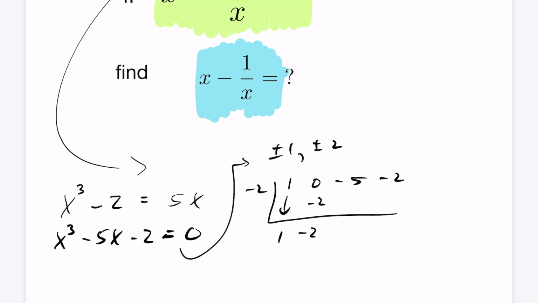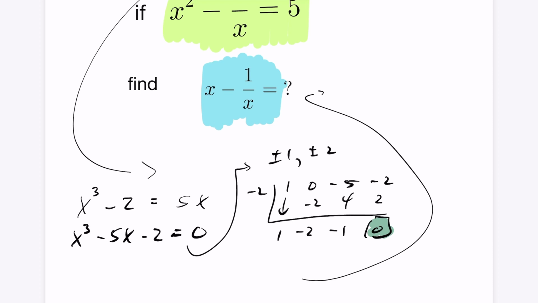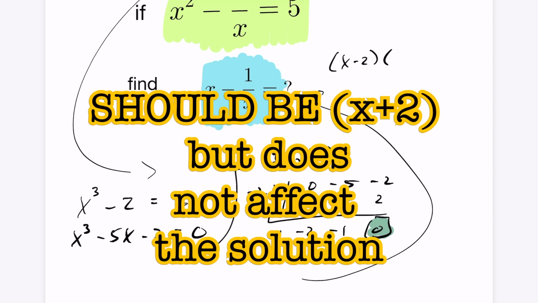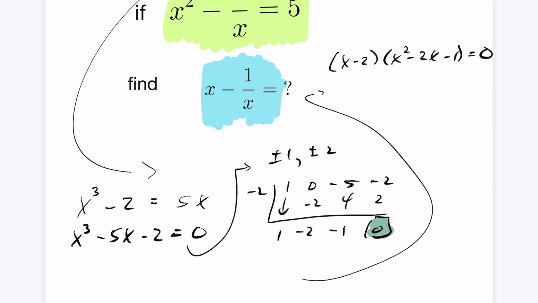I believe I get a root here. We do get a root here. So checking this out at -2, I end up getting a root at -2. So I know in this example here, this is going to break up into x minus 2 times x squared minus 2x minus 1 equaling, in this case, 0.